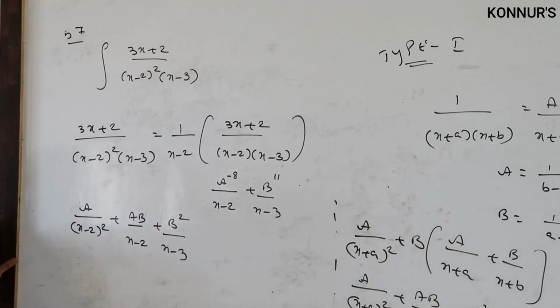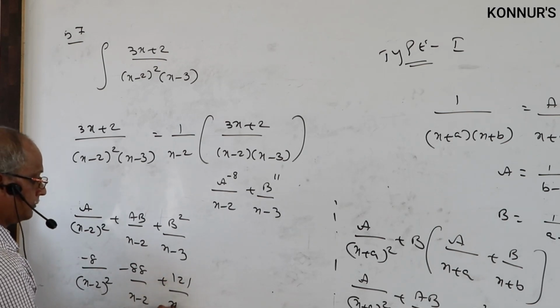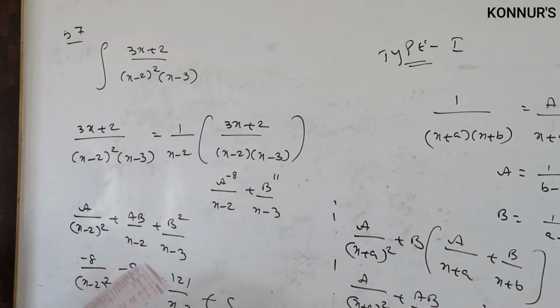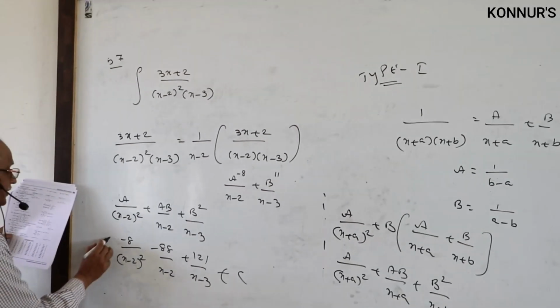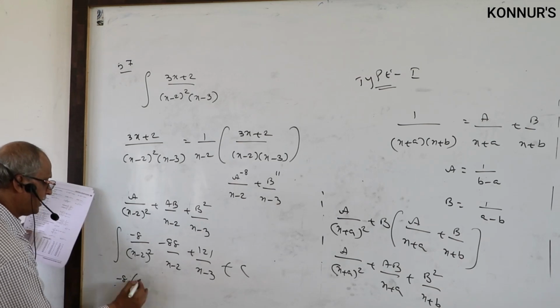Right now: minus 8 by (x minus 2) whole square, minus 88 by (x minus 2), next 121 by (x minus 3). Okay. Where is this answer now? We are doing integration now. What is the integral of 1 by x square? Minus 1 by x.